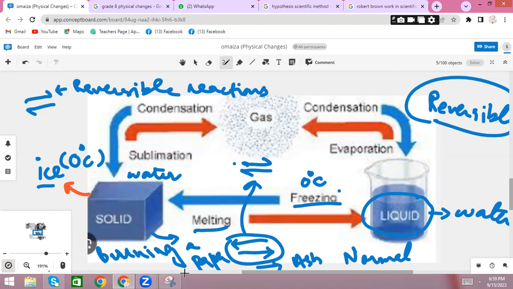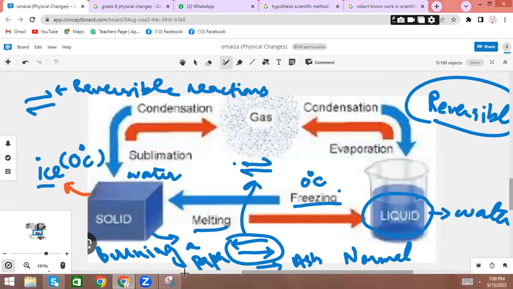They are changed back into their original entity. And the irreversible is like burning paper, cooking, mixing ingredients to make something, like baking a cake. You can't get the flour back after it's done.